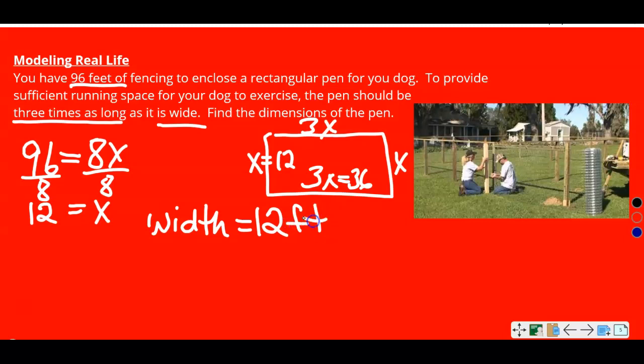Okay, I thought it did, but then I wasn't seeing it. So, okay, so the width is 12 feet, and the length of the pen is 3 times x, which is 36 feet.